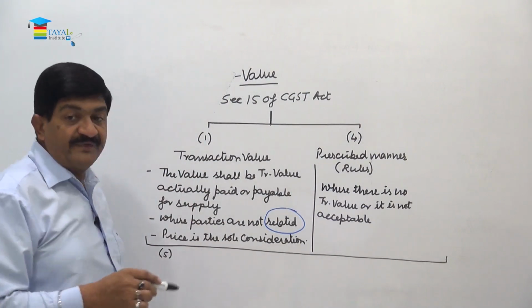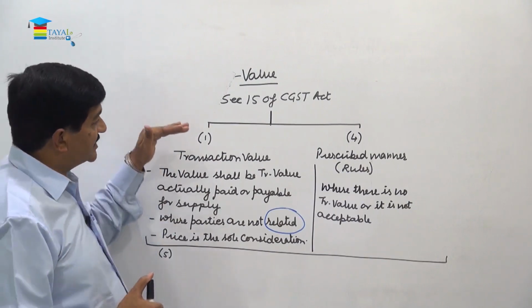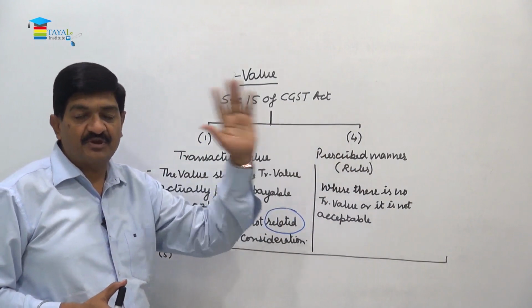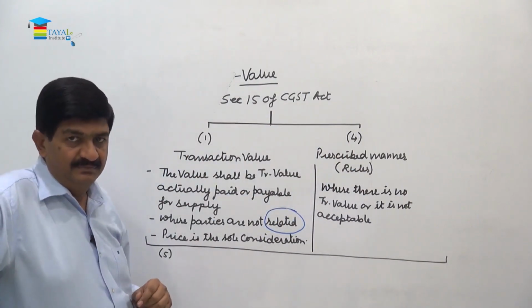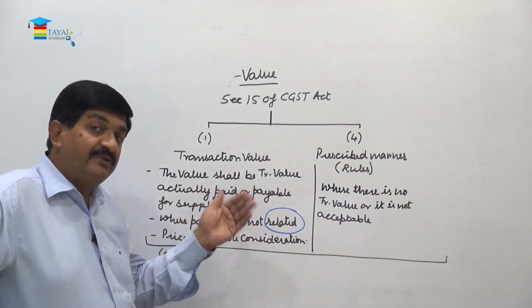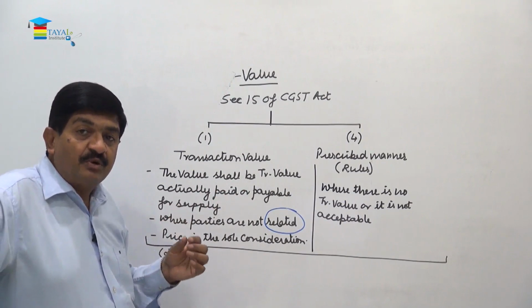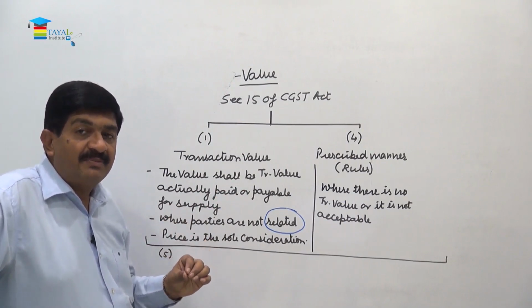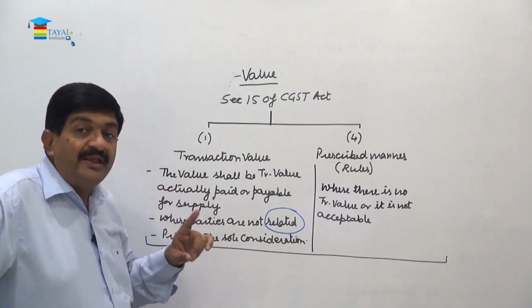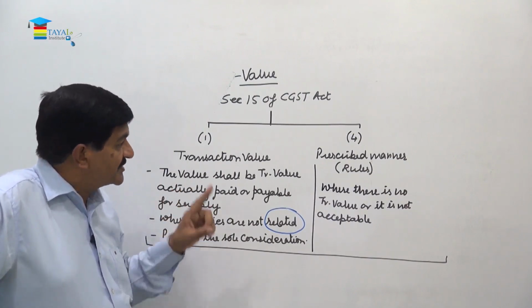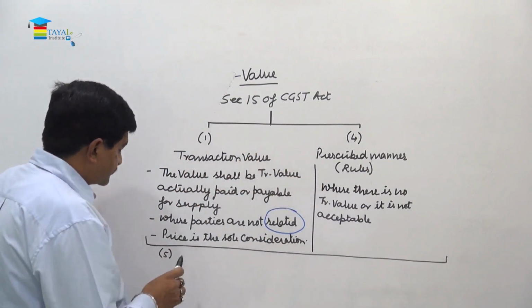And subsection 5 says where the value cannot be decided in subsection 1 as well as in subsection 4. There may be certain supplies. Examples we'll take when we talk about the rules. Then in those cases also the value shall be determined in the prescribed manner. But this becomes relevant only if the value cannot be decided in subsection 1 and subsection 4.